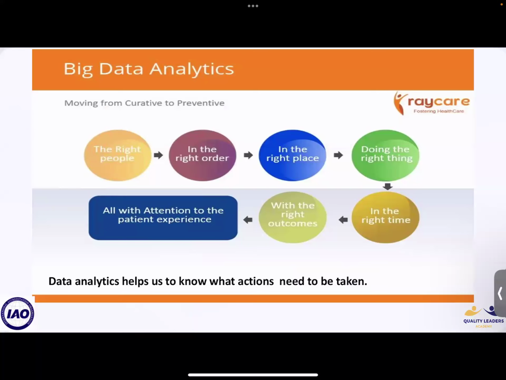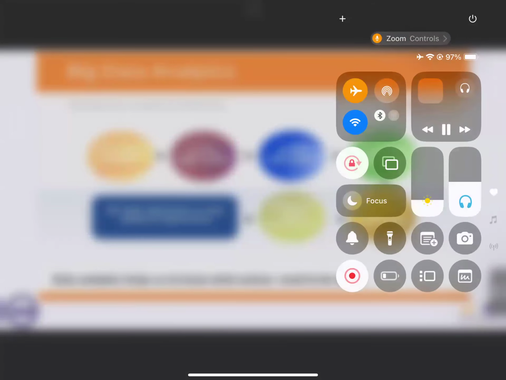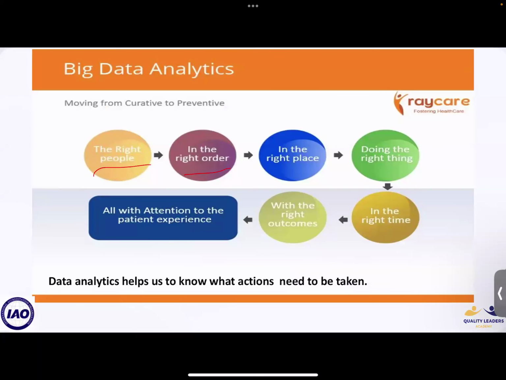I want to ask, why do we even do data analytics? Because data analytics, which information management is based on, helps me to put people in the right order, and consequently in the right place, doing the right thing at the right time, and therefore achieving the right outcomes, the good patient experience.